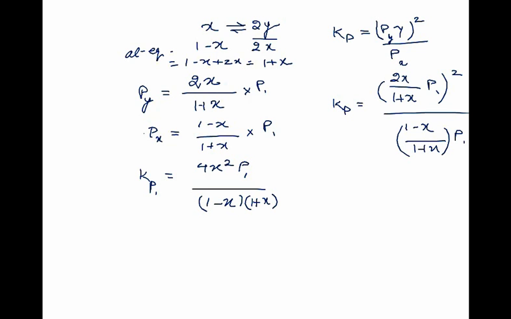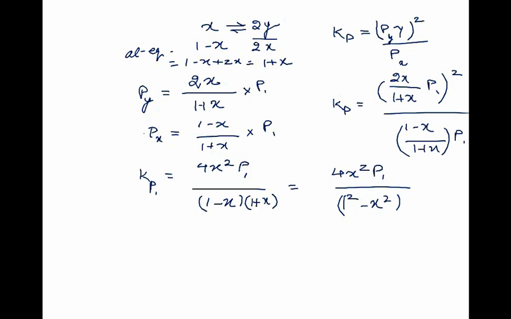Fine? So this would be our Kp1, okay? Or 1 minus x into 1 plus x can be written as 4x square P1 divided by 1 square minus x square. Now let's similarly find out Kp2.